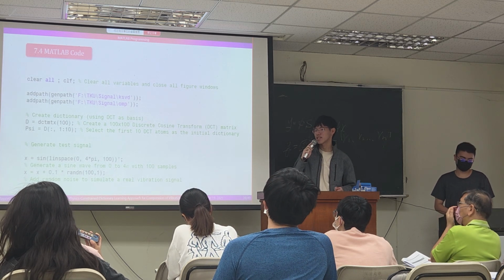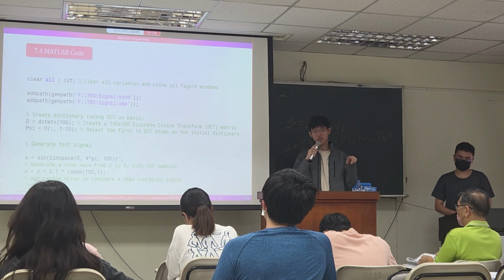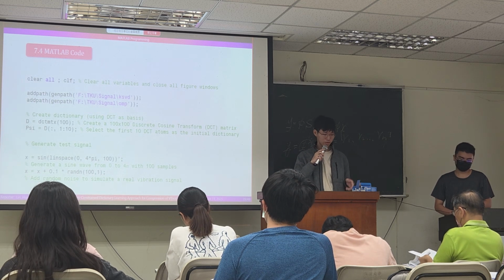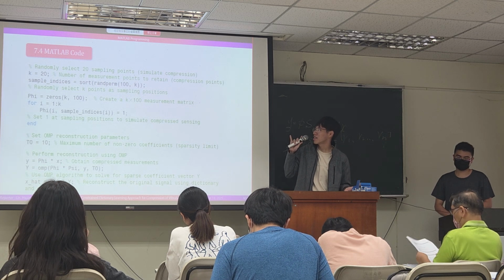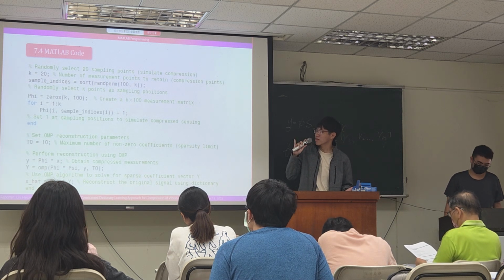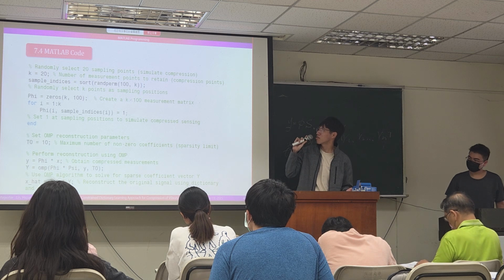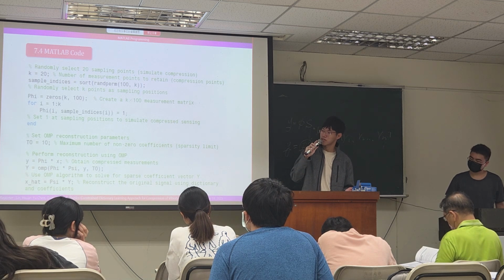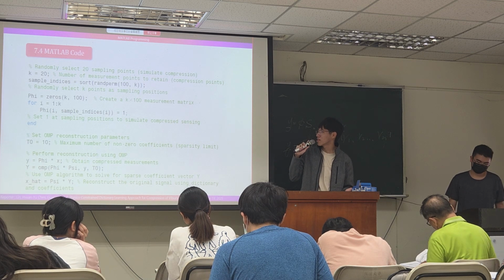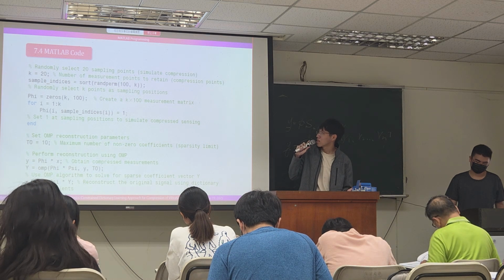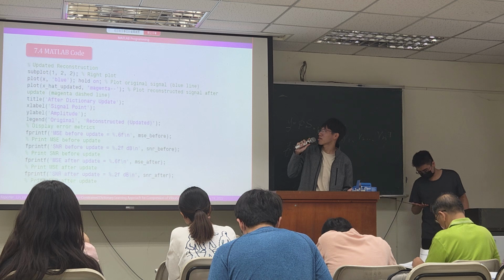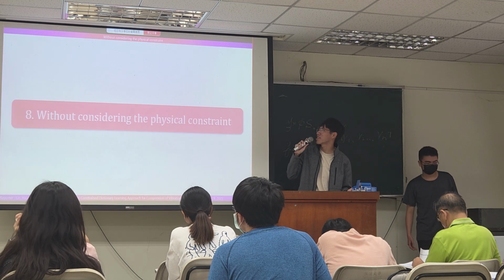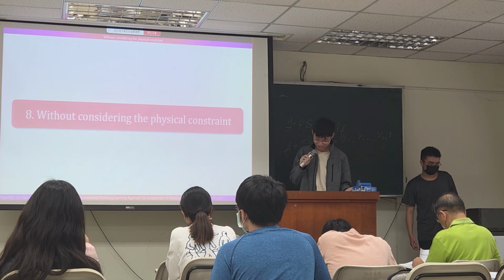So it will not be a usual sine wave, it will have some odd points on it. We choose only 20 points to reconstruct it, and then we draw the picture.